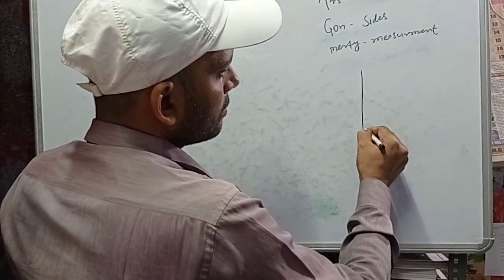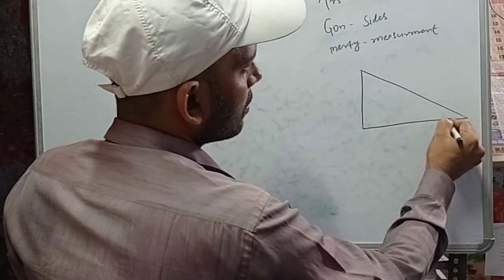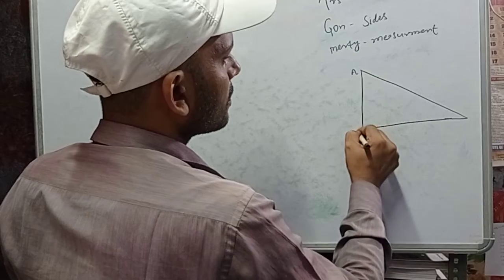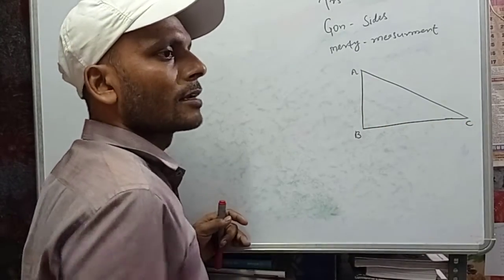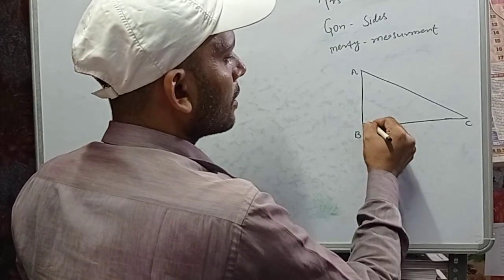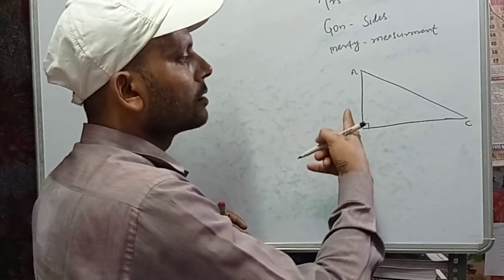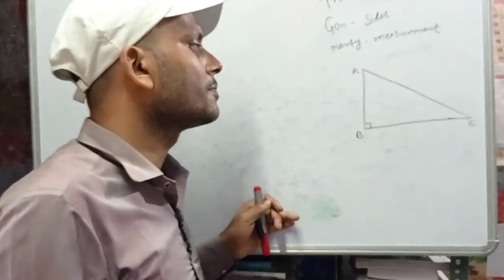This is the triangle ABC. This is the right triangle. Angle B is the right angle, and this measurement is 90 degrees. It's called a right angle triangle.